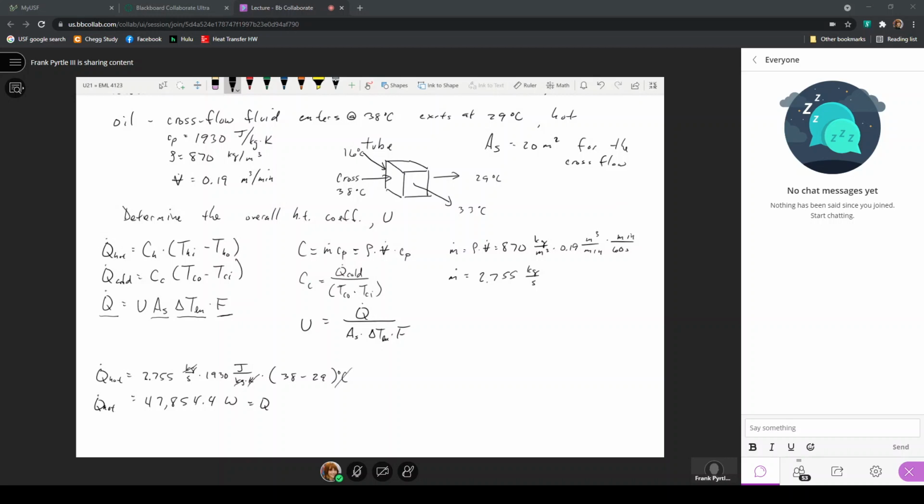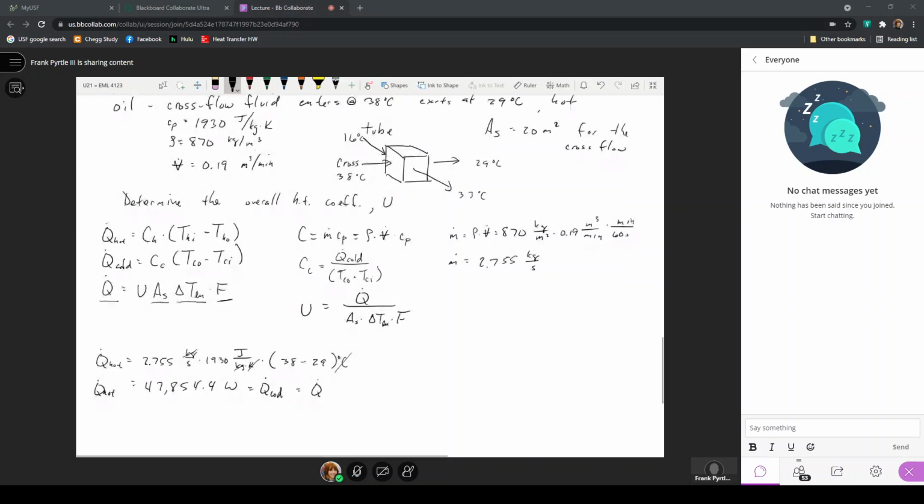But this is also the amount of heat gained by the cold fluid. And this is also the amount of heat that is transferred between the two fluids. So in determination of the overall heat transfer coefficient, now we have this heat transfer rate that is in the numerator. We have the surface area. Now we need to look at, well, what is the log mean temperature difference?